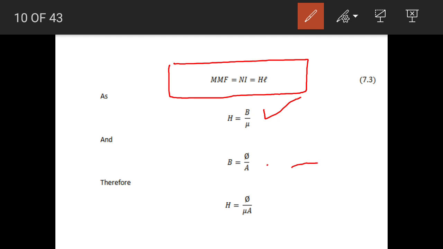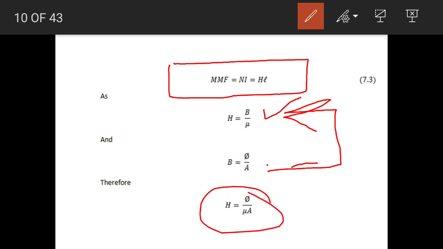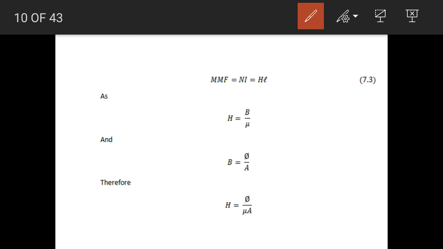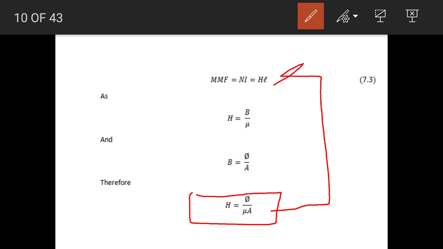If we put this value of the magnetic flux density in this particular equation, H will be equal to the magnetic flux over mu A. We put this value of H in this particular equation.